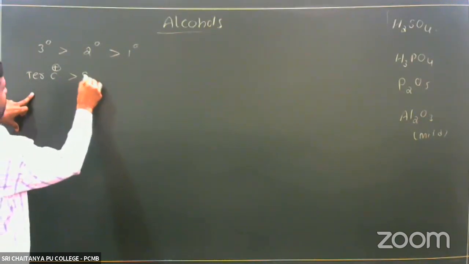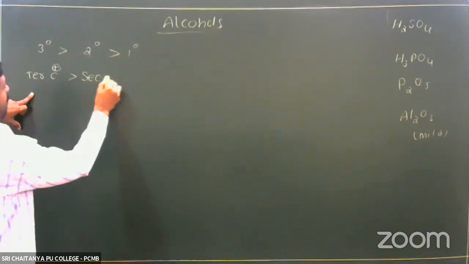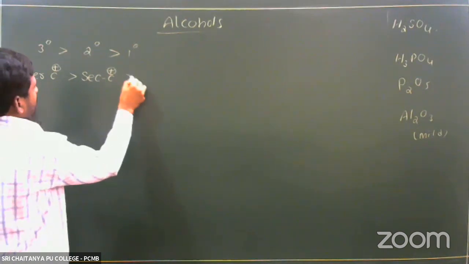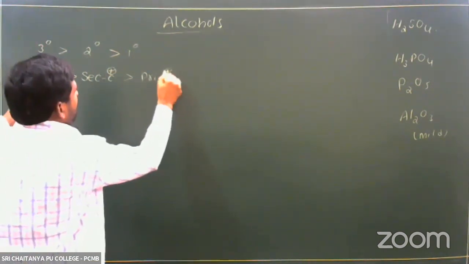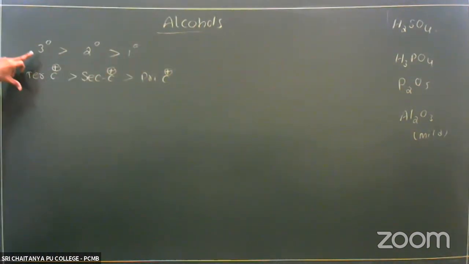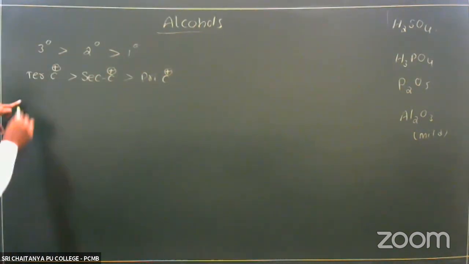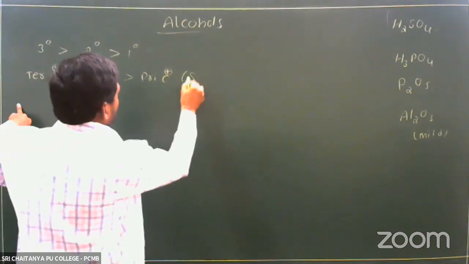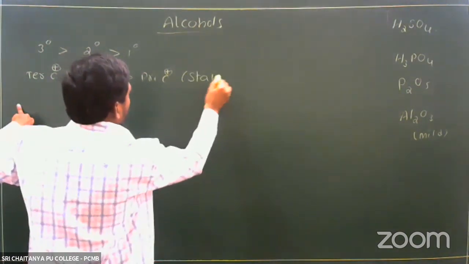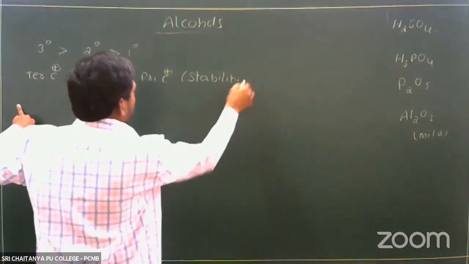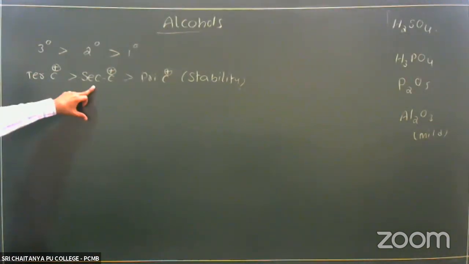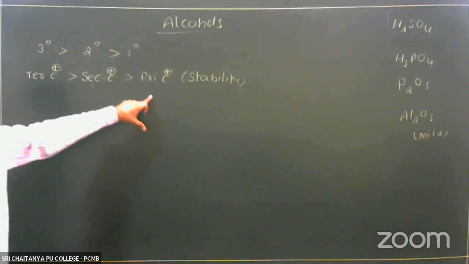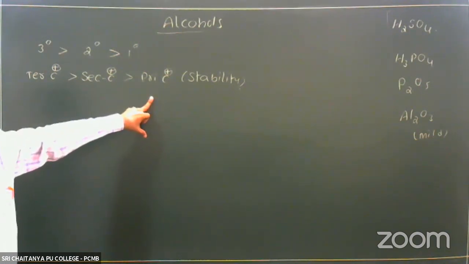A secondary alcohol forms a secondary carbocation, and a primary alcohol forms a primary carbocation. This is the stability order: tertiary carbocation is more stable than secondary carbocation, which is more stable than primary carbocation.